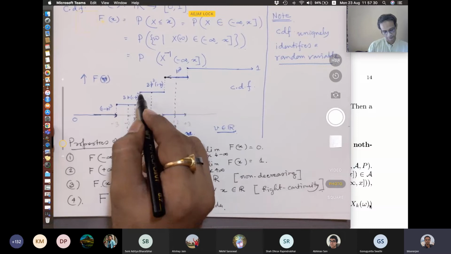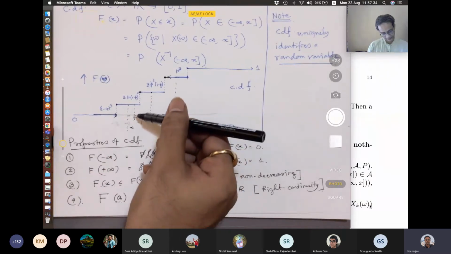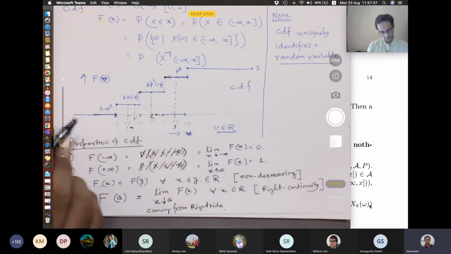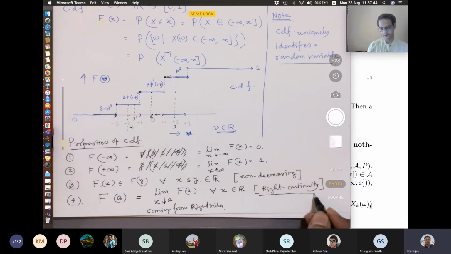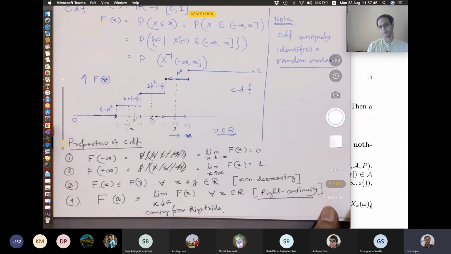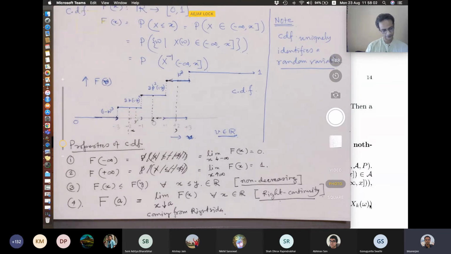If you come from this side, it will hold. But if you go from this side, that need not hold. So it is right continuous, need not be left continuous. So: non-decreasing, right continuity, at minus infinity it is 0, at plus infinity it is 1. That is the property of a CDF.